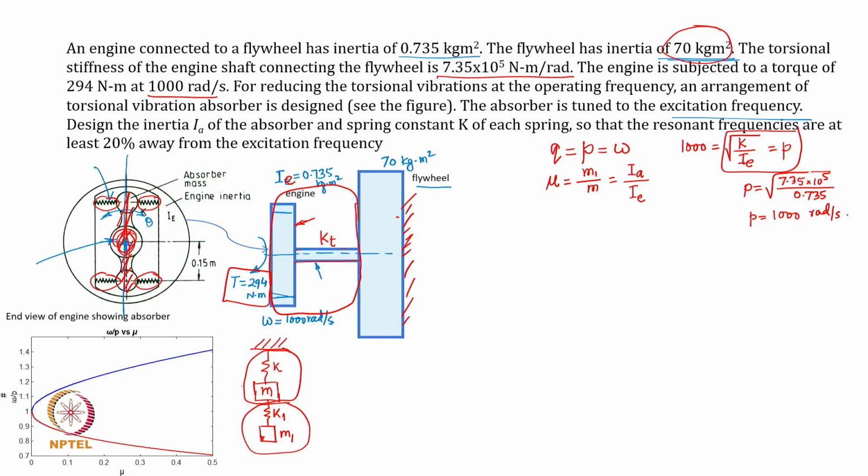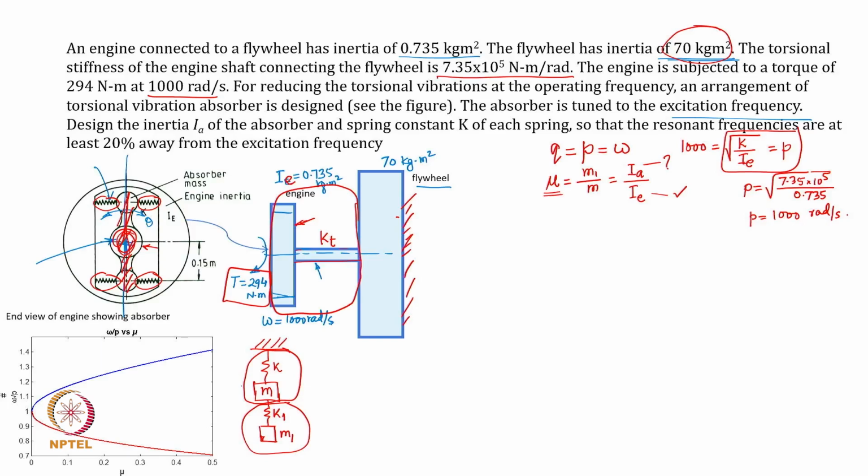Now we do not know that, because the absorber's inertia is what we want to find out. So this is not known. What about the engine inertia? Yes, engine inertia is known as 0.735, but I do not know mu. In fact, I would like to know what is mu.